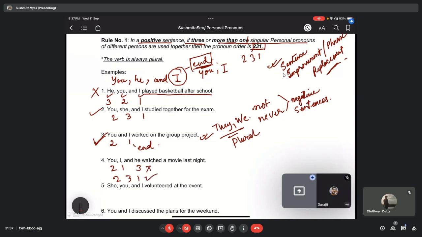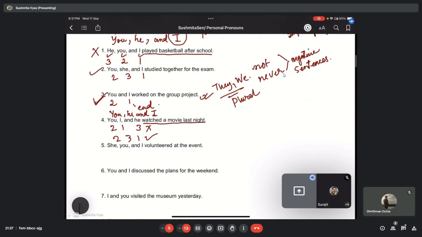You, he, and I watched a movie last night. Okay. I don't know about you guys, but I find these things very interesting. See, this is confusing as well, but this is also very interesting. Like, you have to use a lot of your brain to understand कि कब कौन सा कब आएगा, है ना?